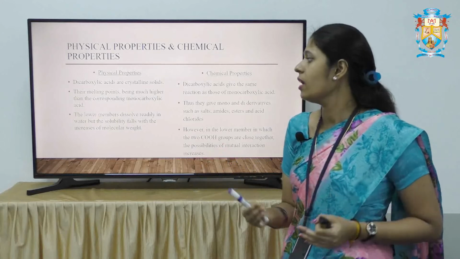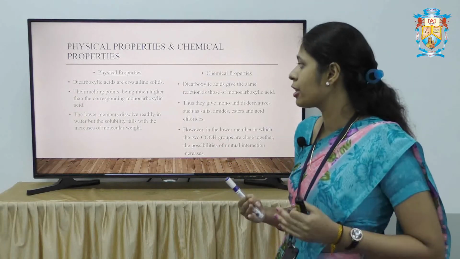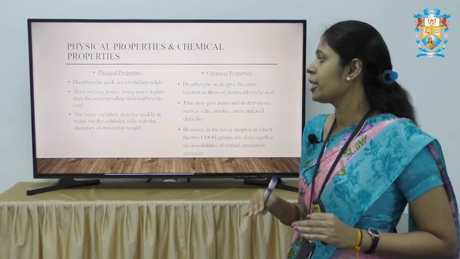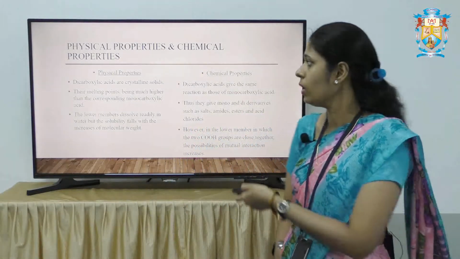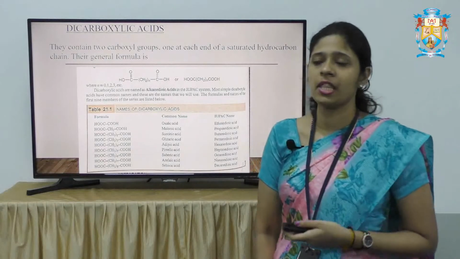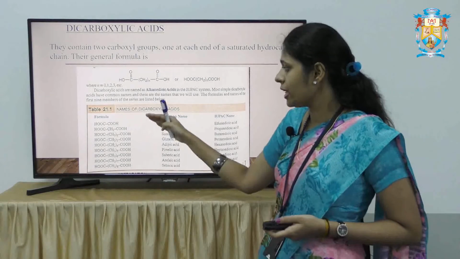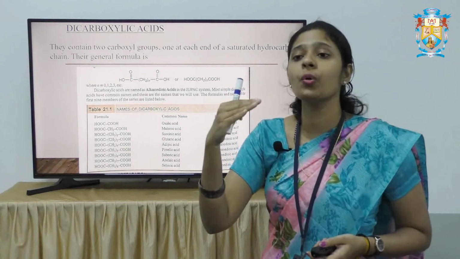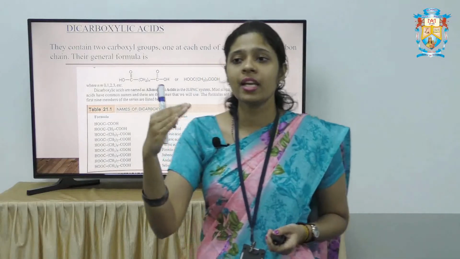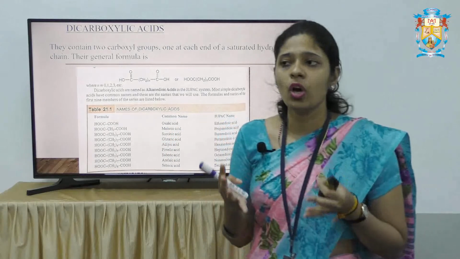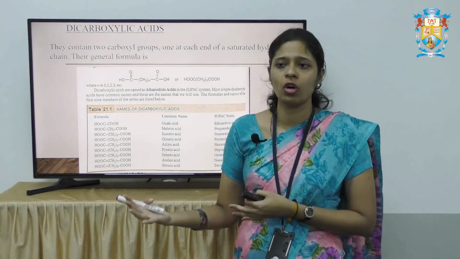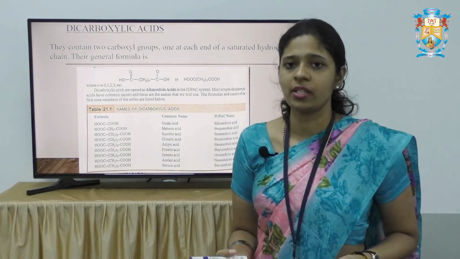The third one, we see that they will dissolve readily in water, but the solubility falls as the molecular weight increases. As we saw in the previous slide, as the CH2 group goes on increasing, there is an increase in the molecular weight of the molecule, and hence it will not get so readily dissolved in water due to its high molecular weight.